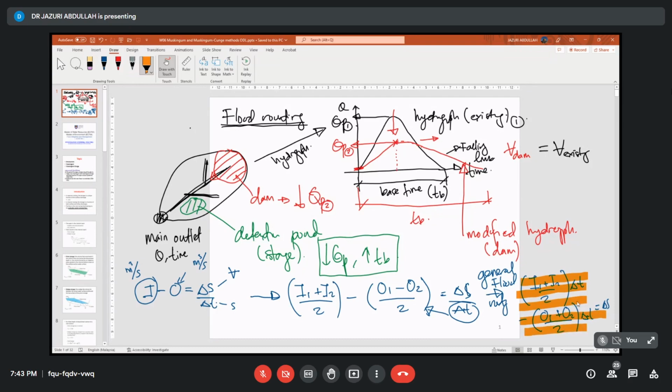Okay, so basically this is the way how we come out with the flood routing.